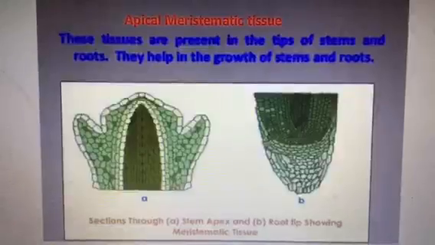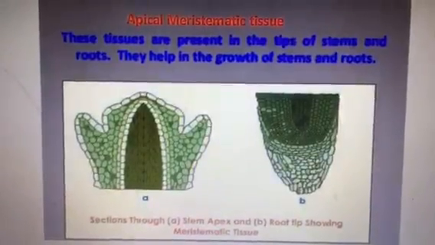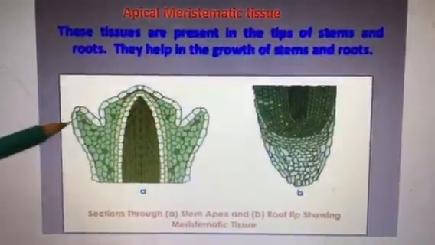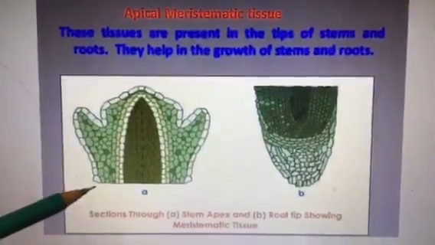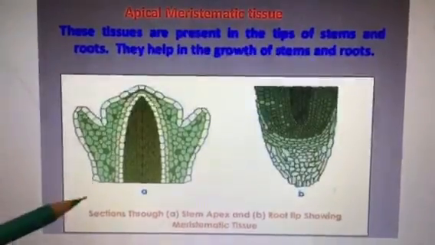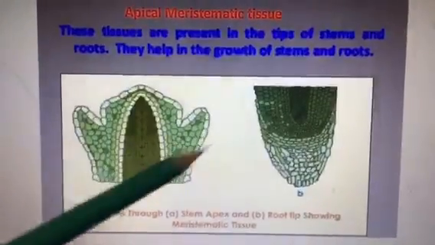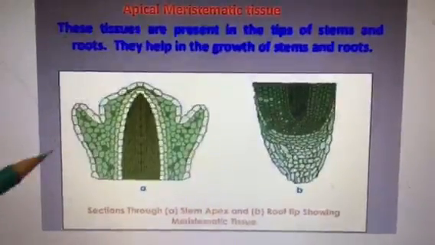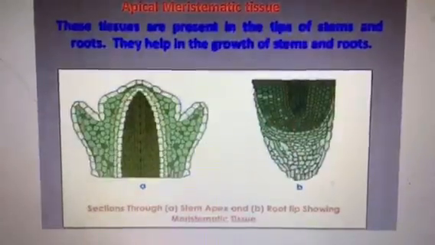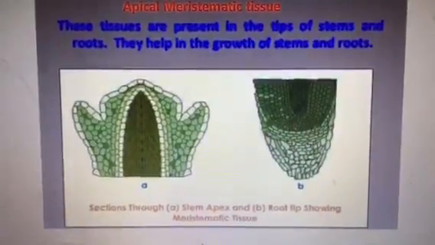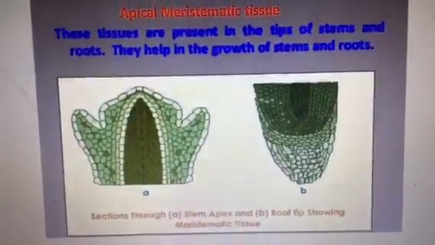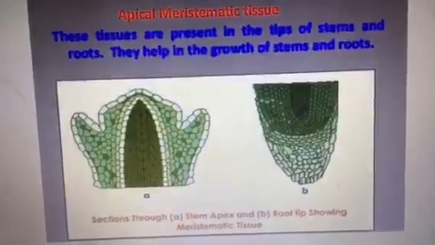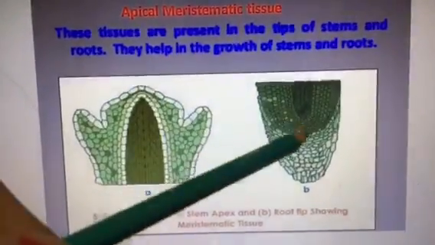In the root, the meristem is protected by a structure called the root cap. Here you can see this outer layer is the root cap. Root cap is absent in the stem, it is present in the root. Apical meristem brings the growth of root and shoot, and this growth is called primary growth, where primary tissues are present.